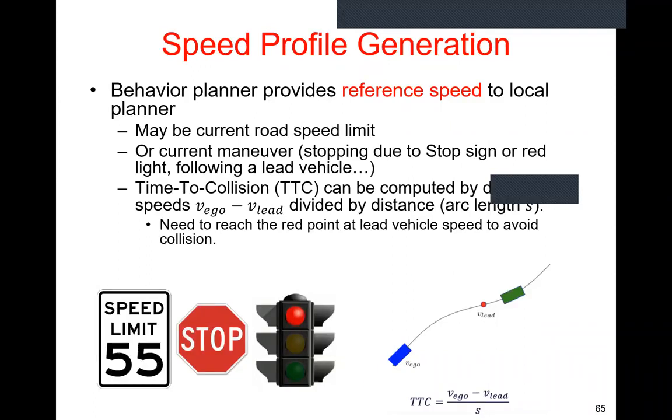For the following lead vehicle case, the time to collision can be computed with this equation, assuming a constant speed for the ego vehicle and lead vehicle. You need to reach the red point at the lead vehicle speed to avoid collision.